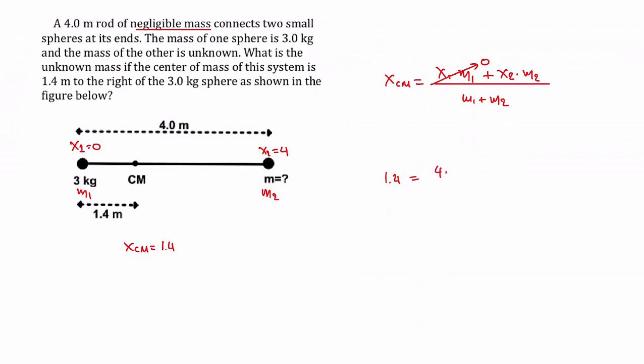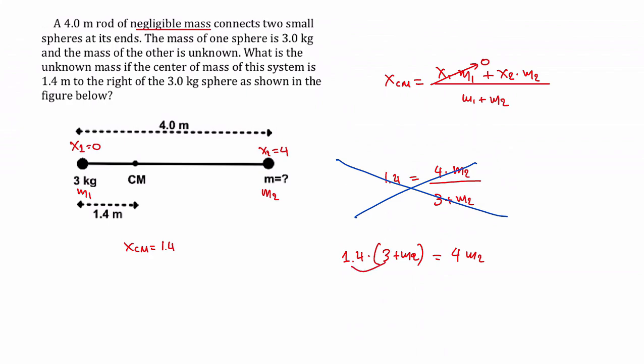x2, which is 4, times m2, that is unknown, divided by m1, which is 3, plus m2. Now, in order to move on, we need to cross multiply. So 1.4 multiplied by (3 plus m2) equals 4 m2. We need to distribute the 1.4, so 1.4 times 3 is 4.2, plus 1.4 m2 is equal to 4 m2.